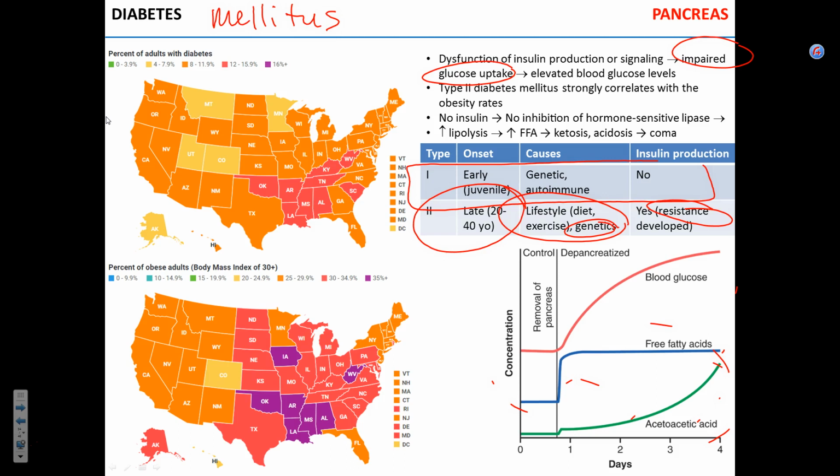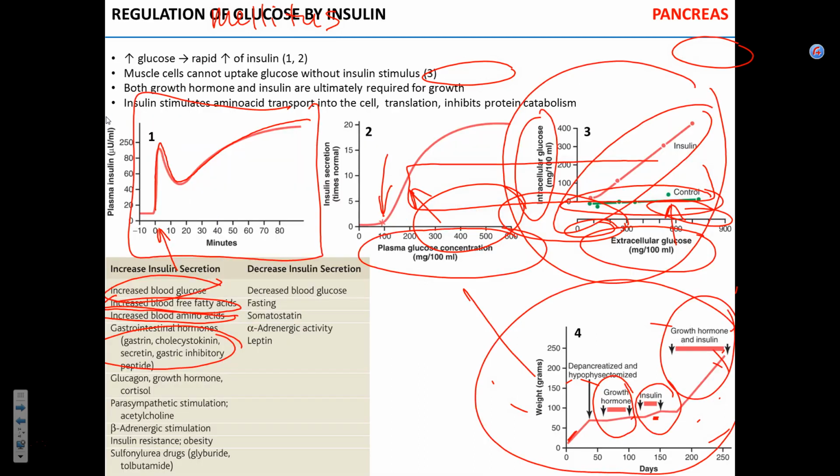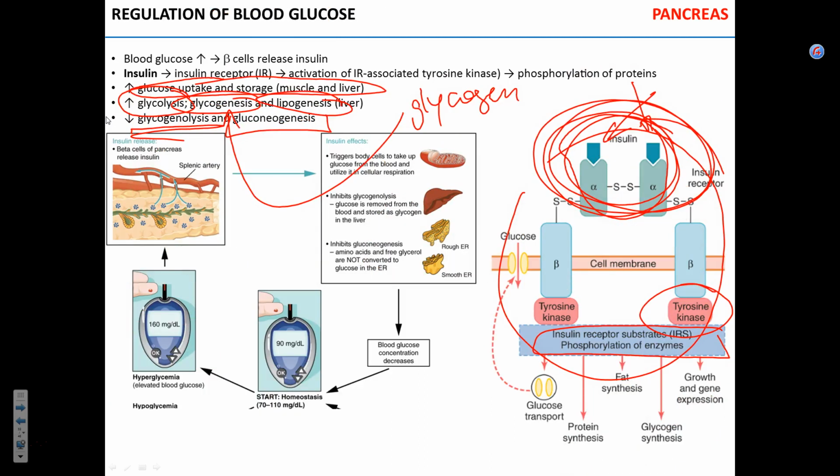Which means they're not diabetic yet, but the pancreas does not control glucose levels as it should. Probably not because it doesn't produce enough insulin, but because these receptors already start developing resistance.